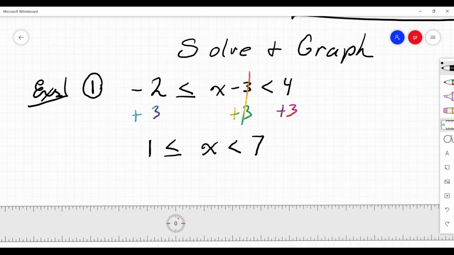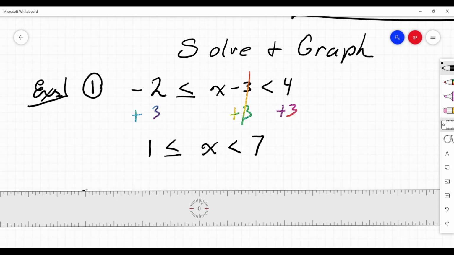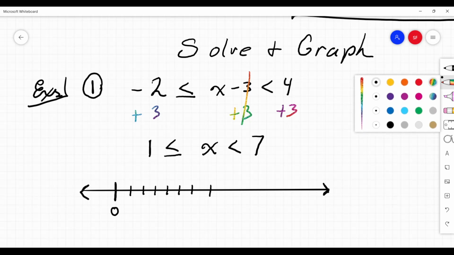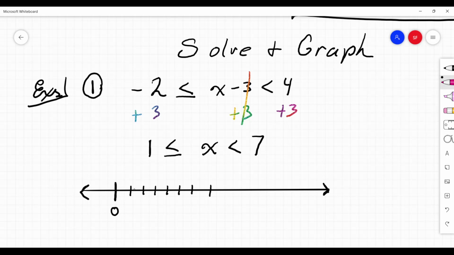Now we have to graph it. So x is greater than or equal to 1 but less than 7, right? Label my 1 and label my 7.